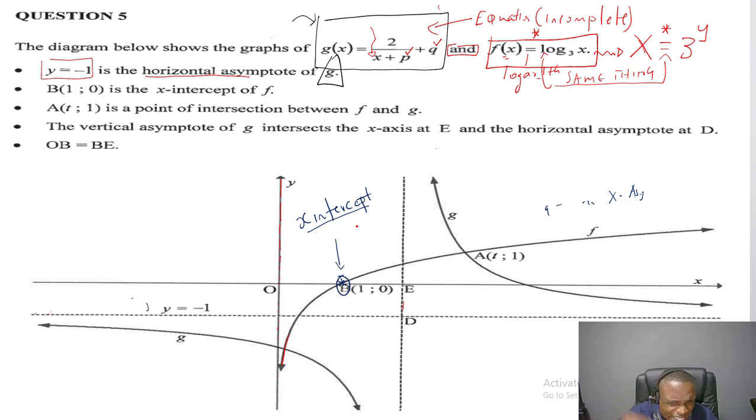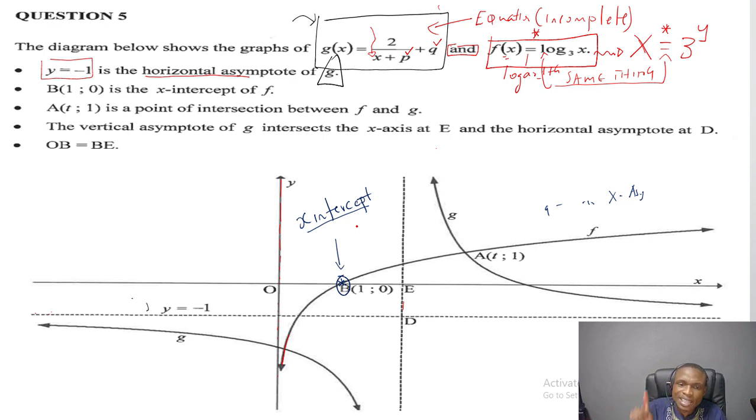Remember, the x-intercept should be seated on the x-axis. If a point is not on the x-axis, it cannot be called the x-intercept. Only those points that are on the x-axis are considered to be the x-intercept. And what is this x-intercept?